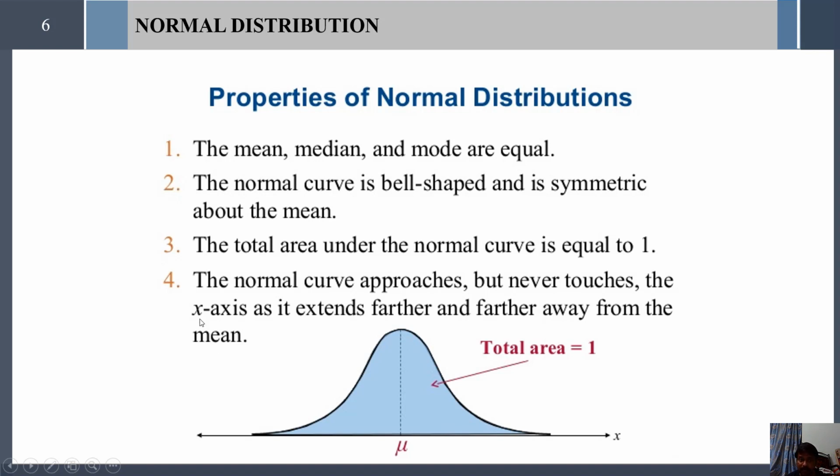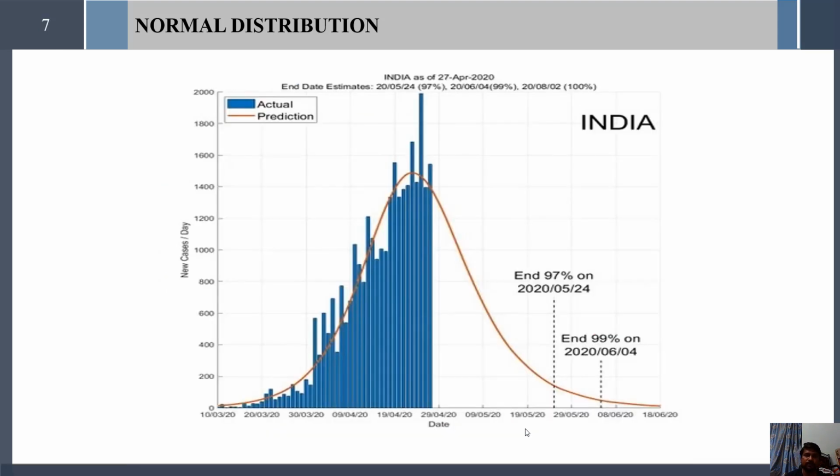It extends infinitely, and that line is called the asymptote. So the normal curve is asymptotic to the x-axis.